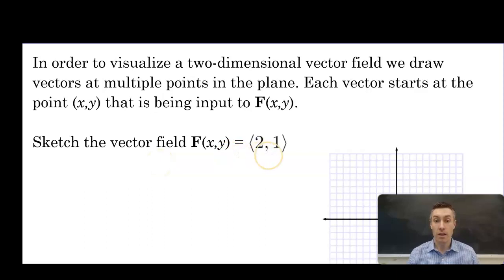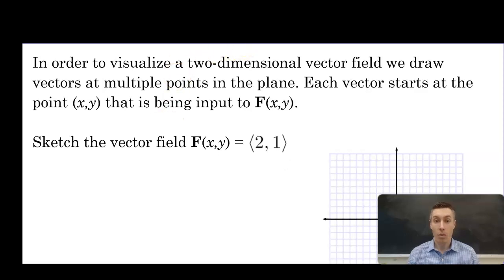So for instance, the vector ⟨2, 1⟩ could be drawn anywhere. Could be at the origin, could be at the point (5, 3) as the initial point, and then draw the vector ⟨2, 1⟩. Now for a vector field, we have to refine that a little bit. Each vector starts at the point that was input to get that vector.